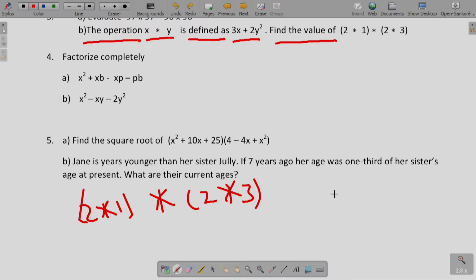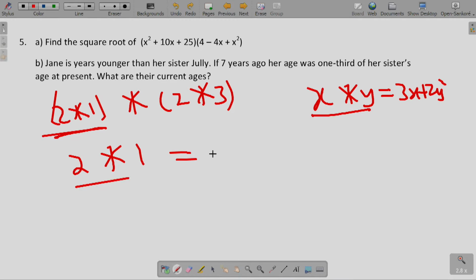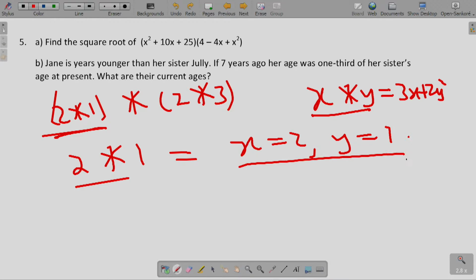We are given that x star y is equal to 3x plus 2y square. By comparing this with this one, we see that x is equal to 2 and y is equal to 1. So let's substitute this value into this formula to get the value of 2 star 1.